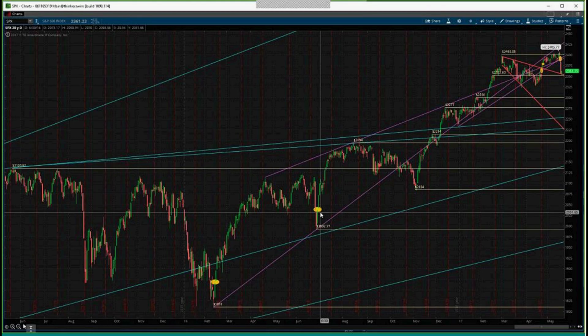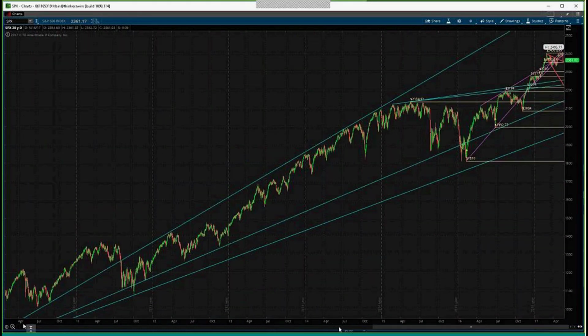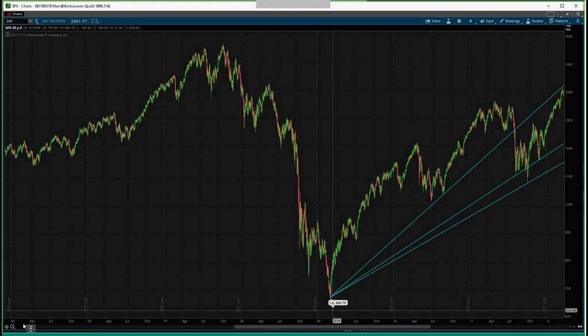And so, if we end up coming down in the next bear market, that's why I don't delete these gaps. It's why I don't delete price levels well below where we are, because in the next bear market, if you want to take a look at this, I have some of these lines drawn back to the bottom that we hit in 2008.